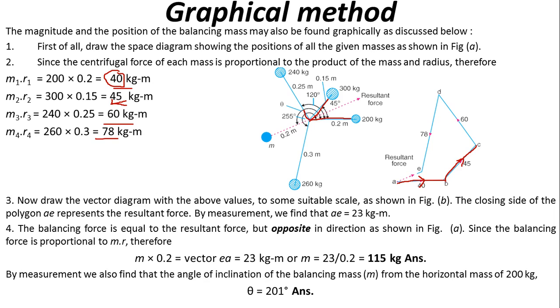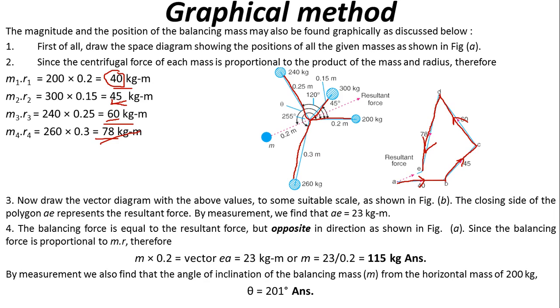Next, another angle in this direction, and the value is 60, so 60 units in this direction. Next, the last one, it is here downwards, it is 78, so 78 downwards.